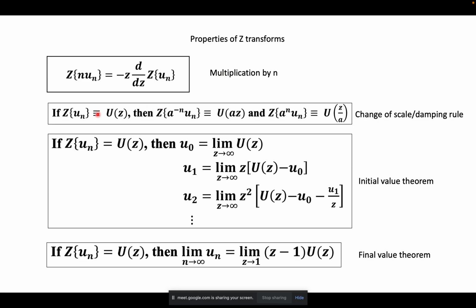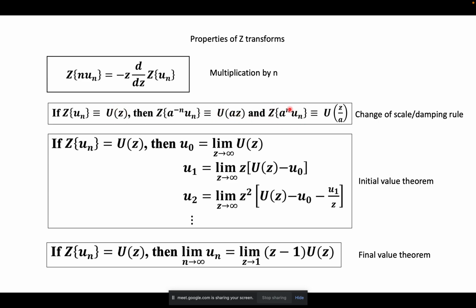The second property is the change of scale property, also known as the damping rule. Suppose you have some sequence u(n) and its Z transform is given by U(z). Then you can calculate the Z transform of a^(-n) u(n), which is equal to U(az), so in function U, replace z by a times z.